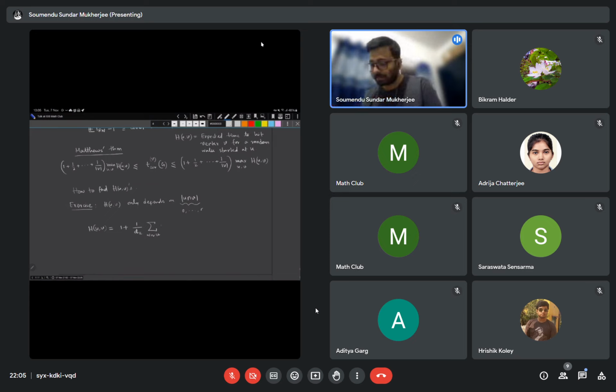So if you take an expectation, you should get something like this. For a random walk on a graph, you have this very nice hitting time equation. If you are familiar with harmonic functions, you'd be immediately on board. This is like an average of the hitting times from the neighboring states.